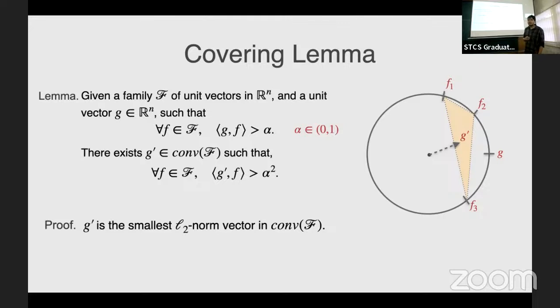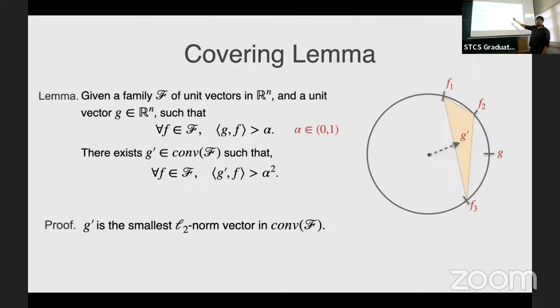Where are you using the hypothesis then, that there exists such a G? The hypothesis states that there is a G such that it has good inner product with all F. Right. The only thing that I need is that the convex hull of this family should be lower bounded in norm.